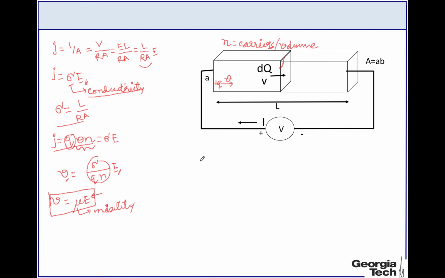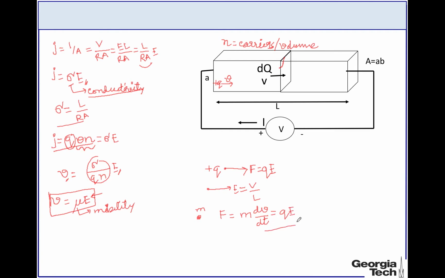Think about a charge here, and we already said that there is an electric field in the metal which is given by V over L. So this electron actually sees an electric field which creates a force on it, given by Q multiplied with E. Now you can imagine that if there is a force on any body, it will accelerate, meaning that say the charge carrier has a mass m, so the force on it is m dV/dt equals QE.